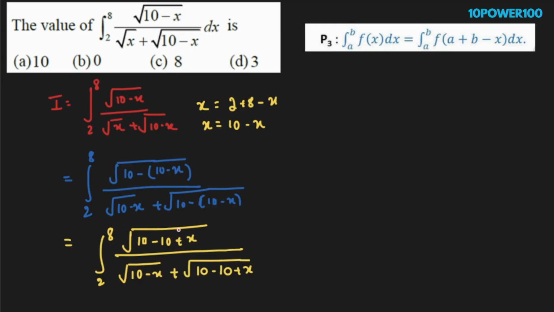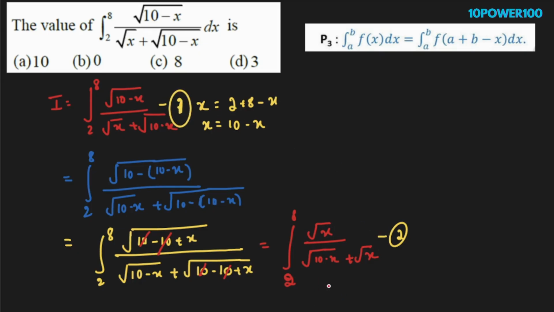In the root, we can cancel minus 10 and plus 10. What do we get? The integration from 2 to 8 of root x whole divided by root 10 minus x plus root x. I'm going to consider this as equation number 2, and the first one is equation number 1.